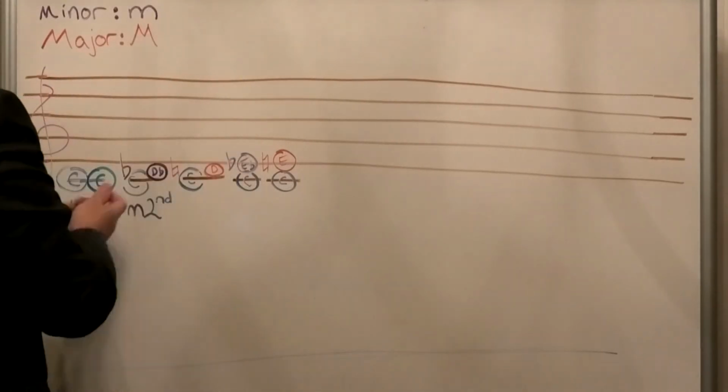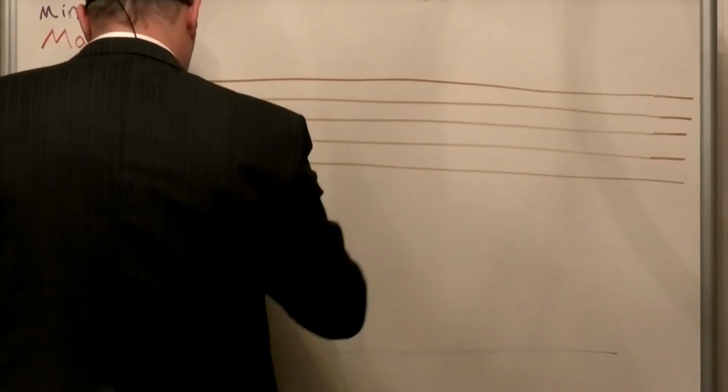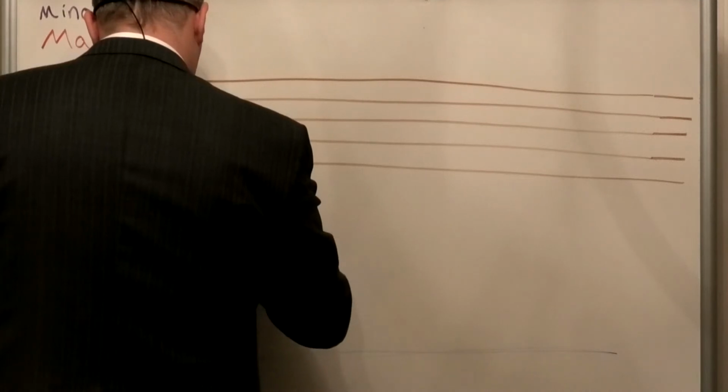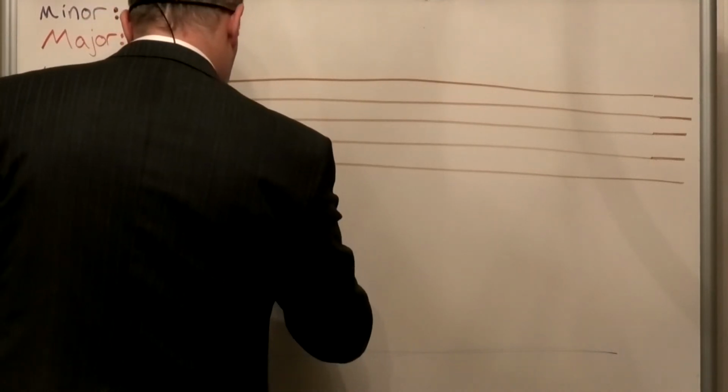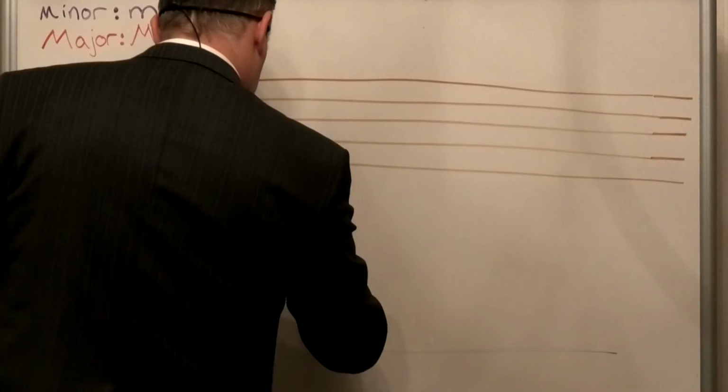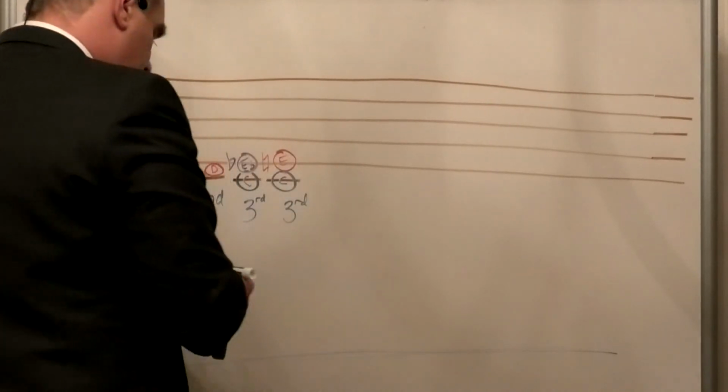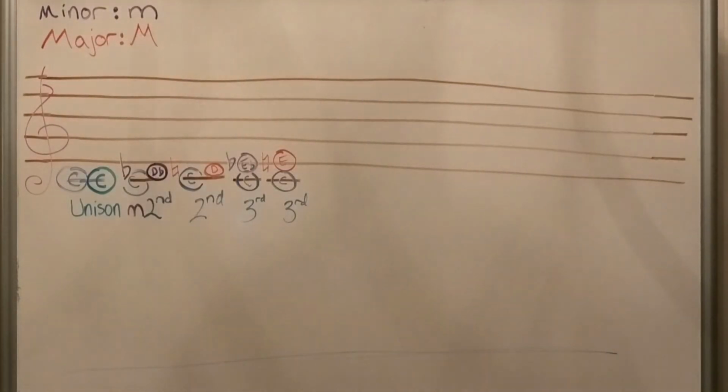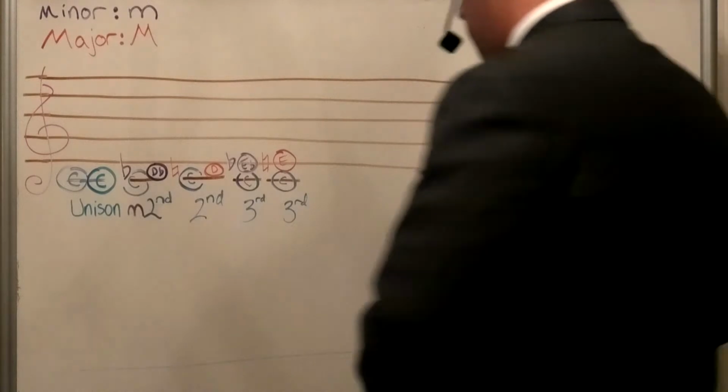I didn't mean to do that. Let me redraw. These are both thirds. That's the narrower third, and that's the wider third. And we have to have a way of distinguishing them.